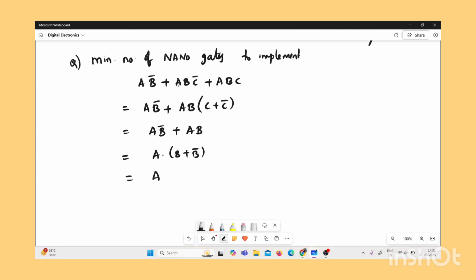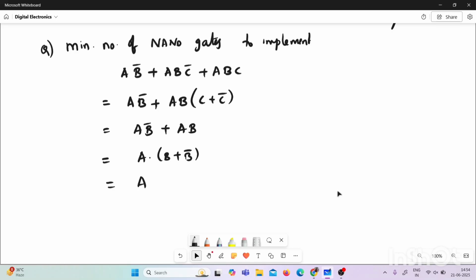So the given expression is equal to A. The question is, what is the minimum number of NAND gates?